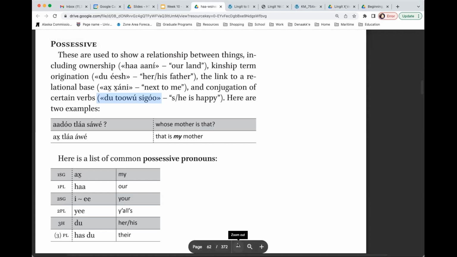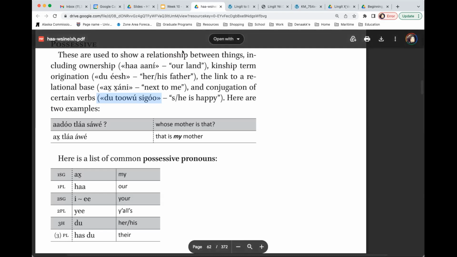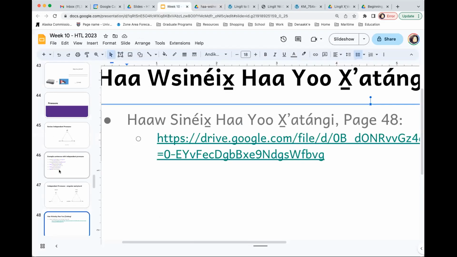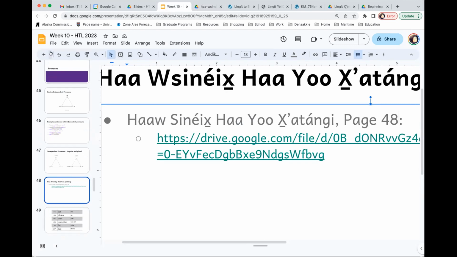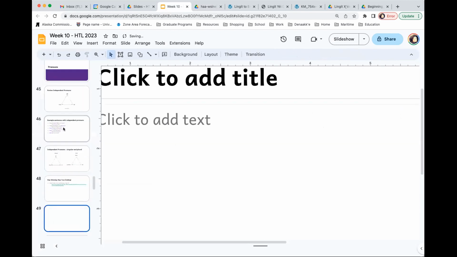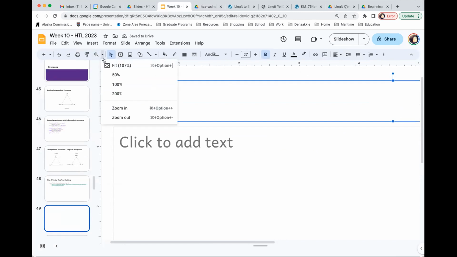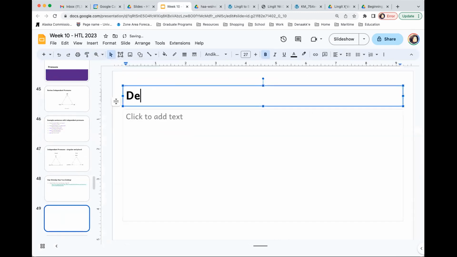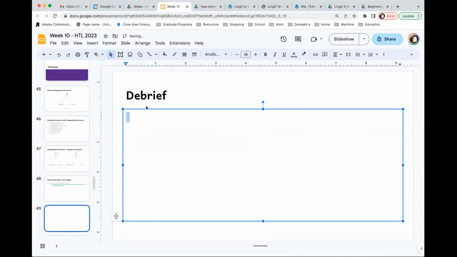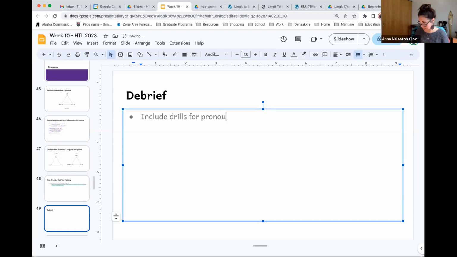I just think more drilling with the different examples, as we're doing, because it's not intuitive to me. So like others, I just need that repetition and having the examples. So it's been good for me to go through those, the different examples, singular and plurals. Okay. Include drills. That's a good idea.